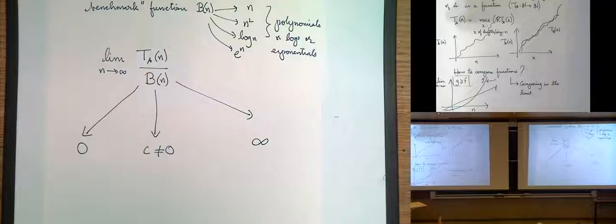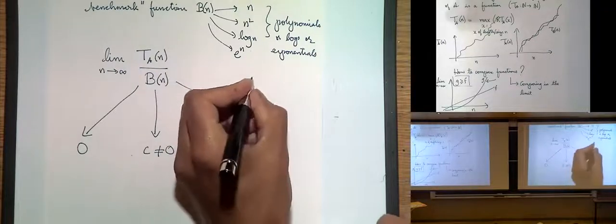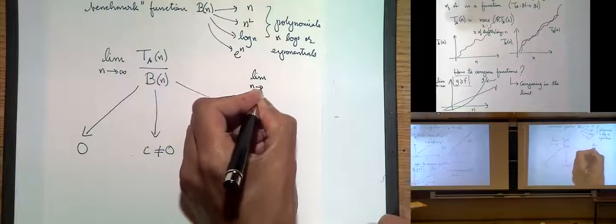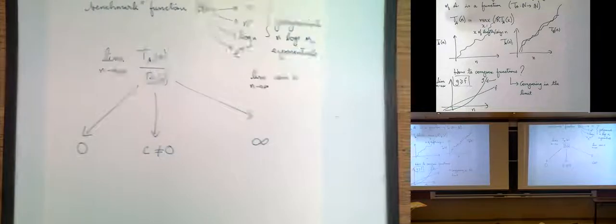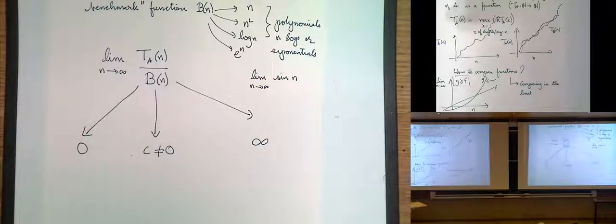Sorry? It's still infinity. What is the limit of n as n goes to infinity? Infinity. Infinity over infinity can be ill-defined, but give me an example of a function. Yeah? Sin n. Right? So this limit is not defined. The limit does not exist.